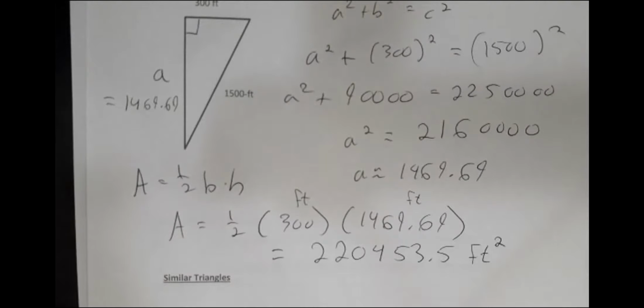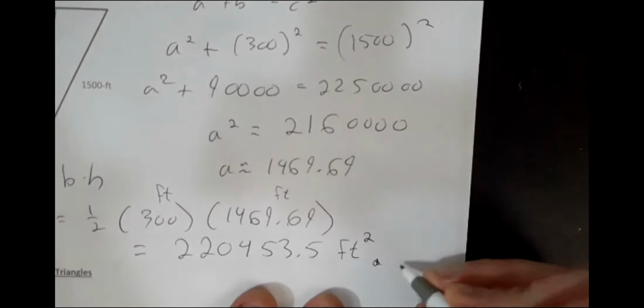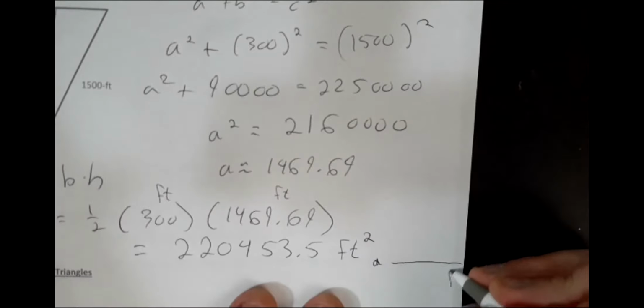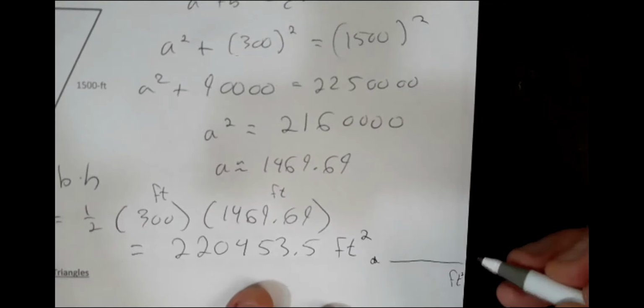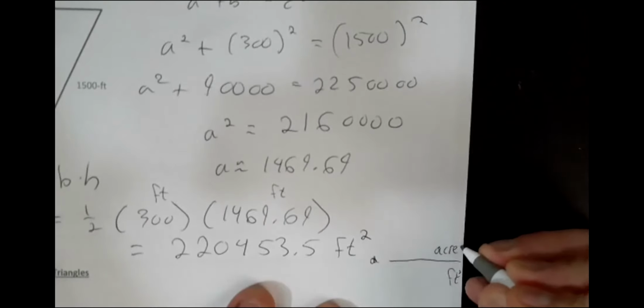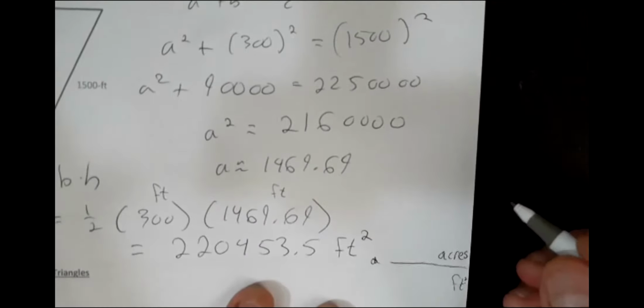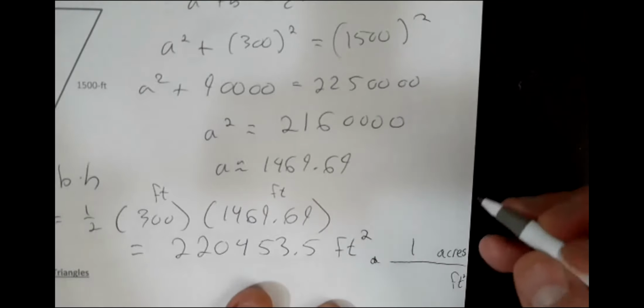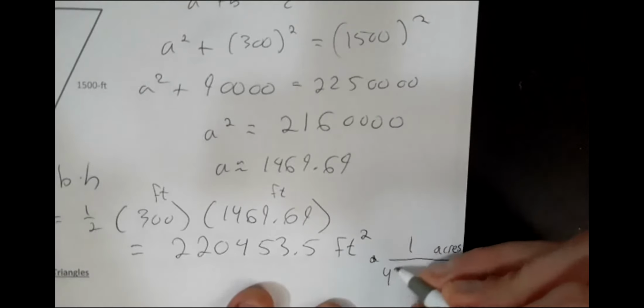Okay. And we haven't really done unit analysis. But if I wanted to cancel out the feet squared, I would put feet squared on the bottom, and I would put acres on the top. And I believe 1 acre is equal to 43,560 square feet.